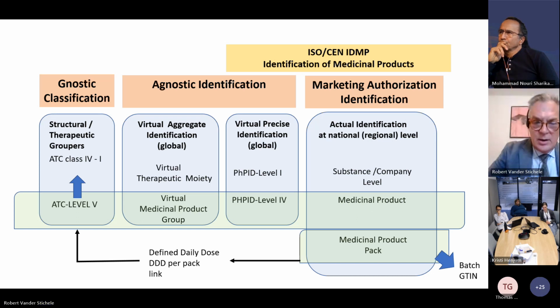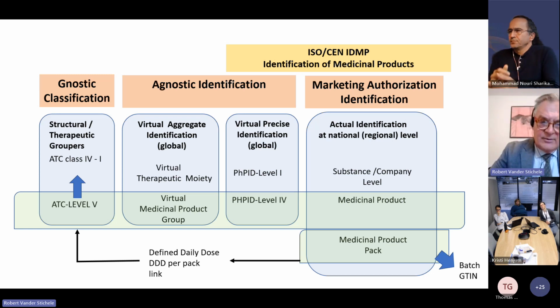The national representation of the drug is connected to the pharmaceutical identifier. It's a virtual precise identification at the global level of a national product. And then you have an aggregated identification, which is in fact the INN prescribing. Amlodipine oral 5 milligram.